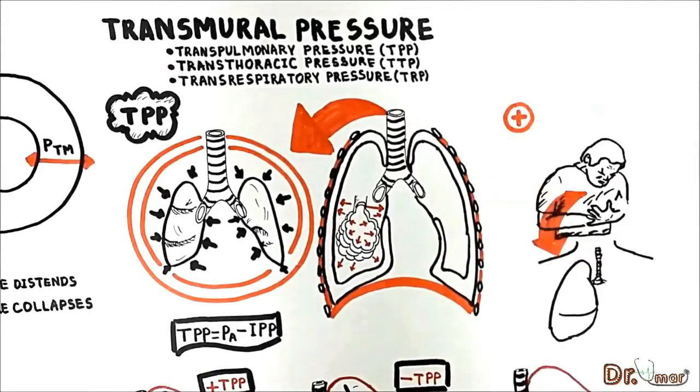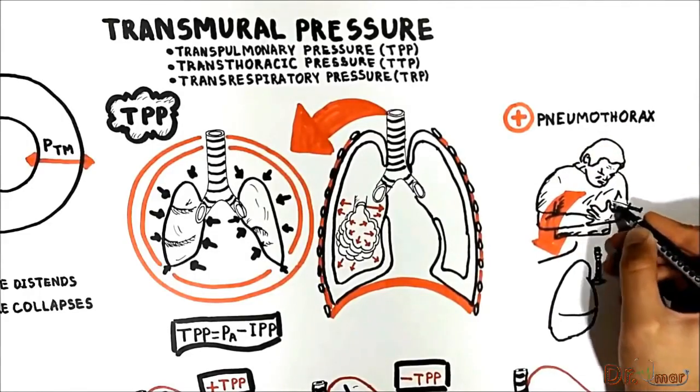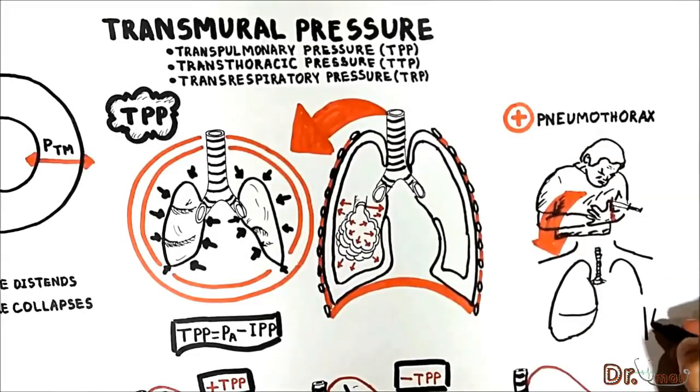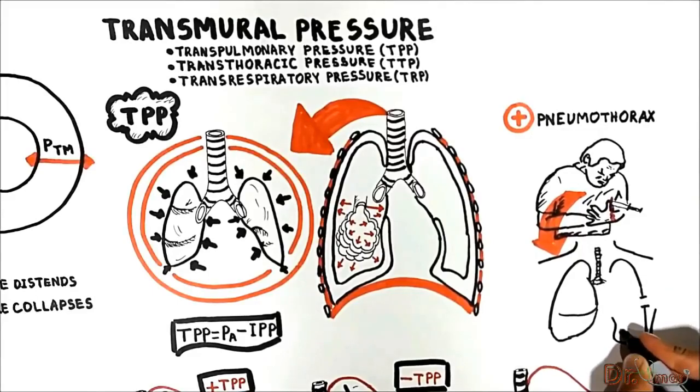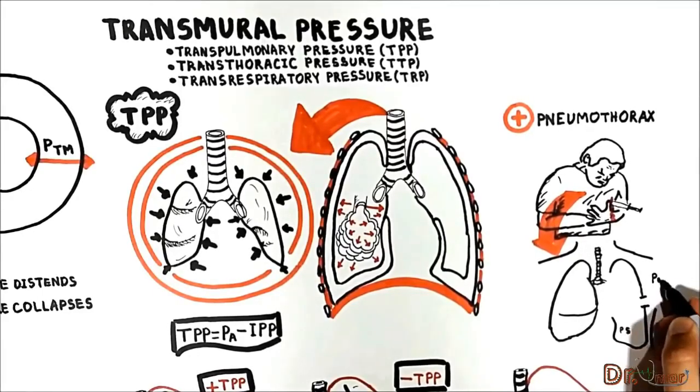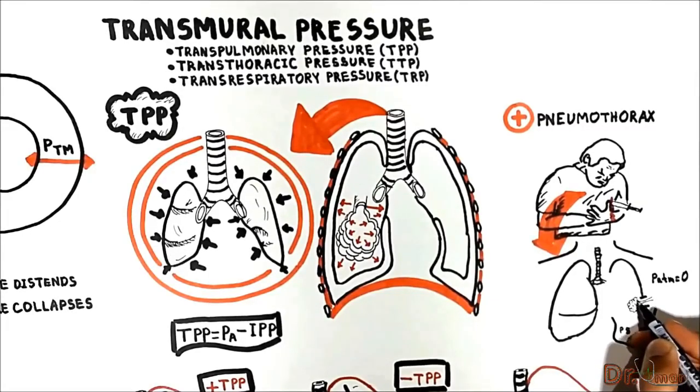In clinical practice, in case of pneumothorax due to penetrating injury at the chest wall, the pleural space will be in direct communication with atmospheric air. Atmospheric pressure is 0 and the intrapleural pressure is minus 5 cm water at FRC. The negative intrapleural pressure sucks the atmospheric air in until it equalizes with atmospheric pressure.